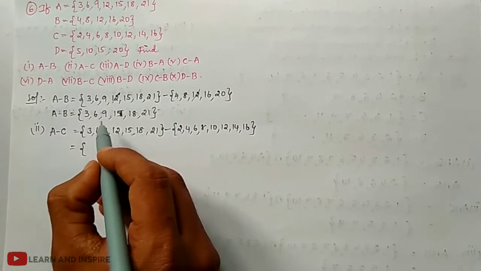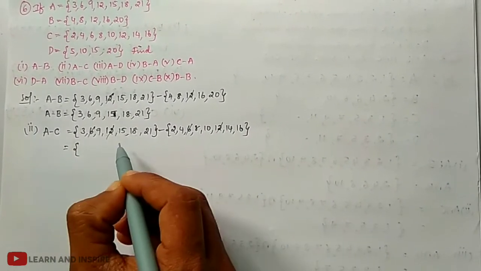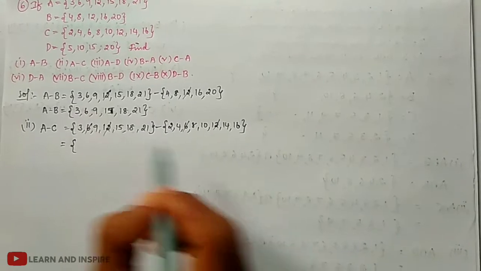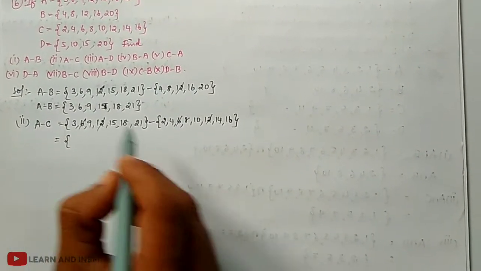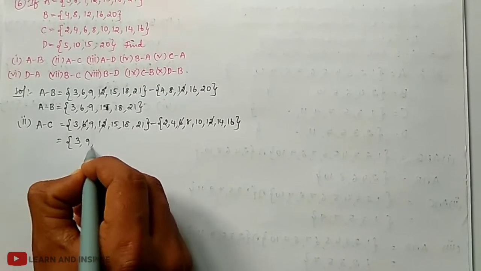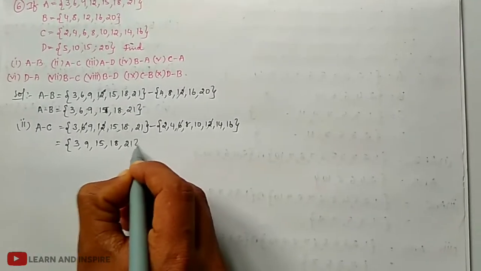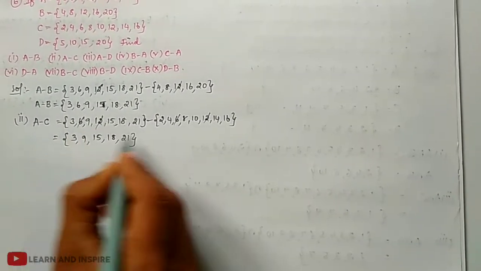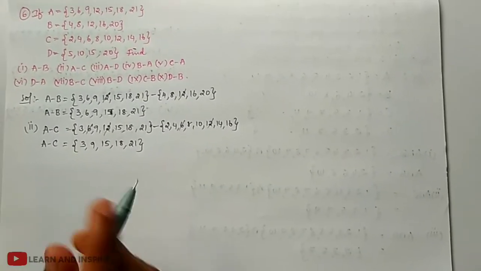First we delete 6, 6, next 12, 12, and that's it. So only two elements we can delete from both the sets. Now the elements present in the first set are 3, 9, 15, 18, 21. These are the elements present in the first set, so we consider this as A minus C.